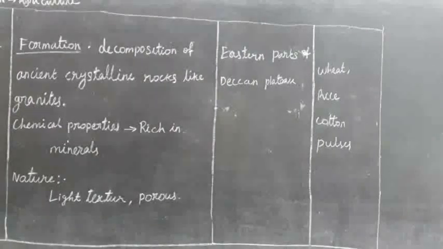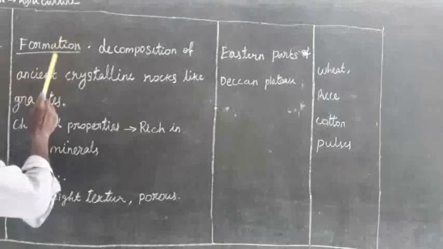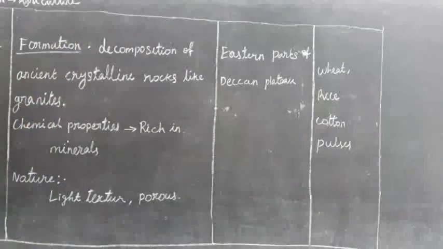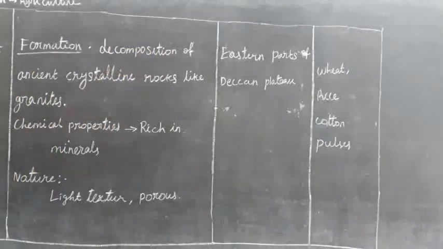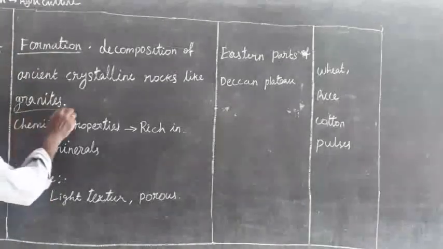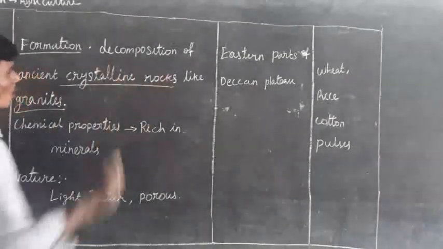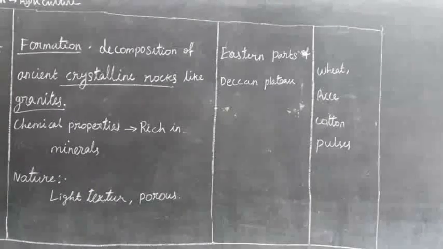Next soil, red soil. The characteristics of its formation: the red soils are the decomposition of ancient crystalline rocks, like the granites, mainly different types of granites and crystalline rocks.